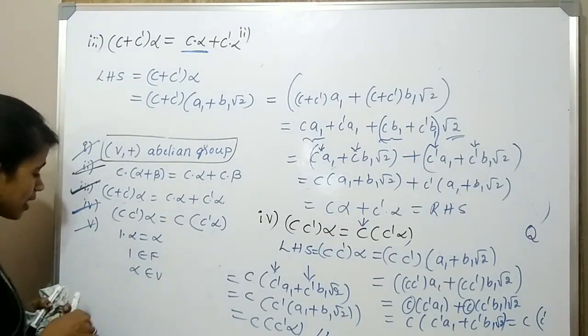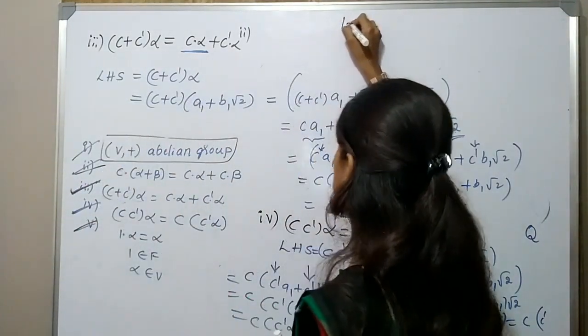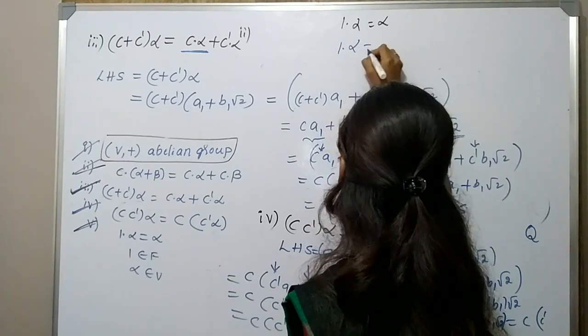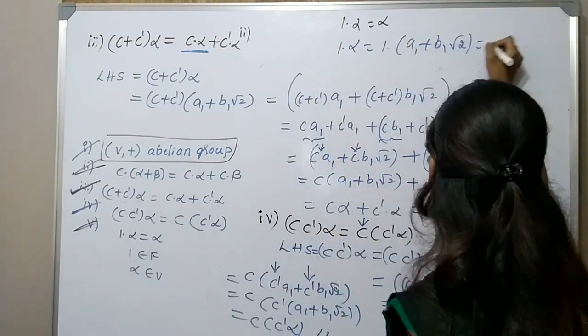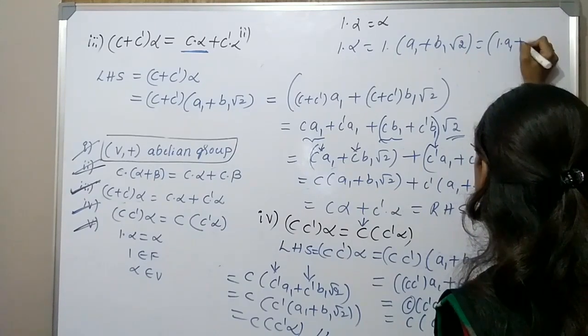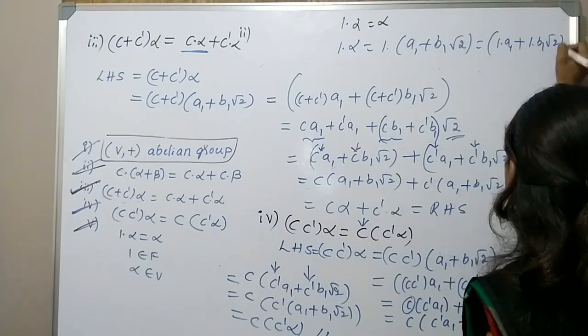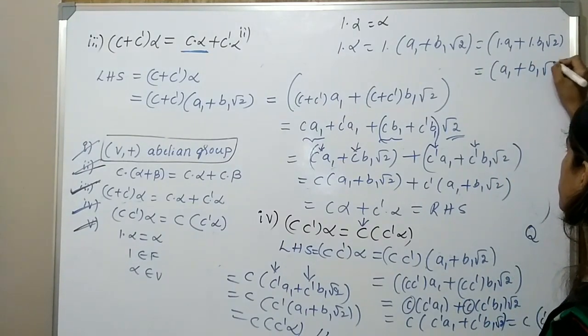Last, a very easy, simple condition, that is 1 dot alpha is equal to alpha. For that, take 1 dot alpha. So 1 dot, what is alpha? a1 plus b1 root 2, which is equal to what? 1 dot a1, take 1 within the bracket, 1 dot b1 root 2. So 1 dot a1 is a1, 1 dot b1 is b1, so a1 plus b1 root 2.